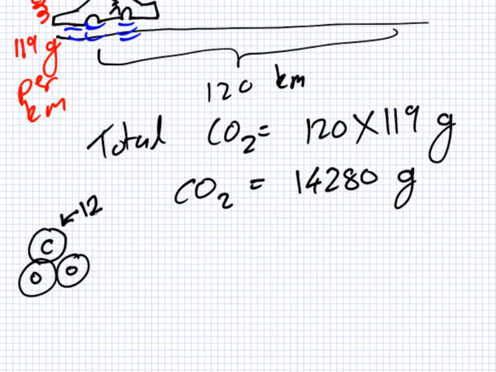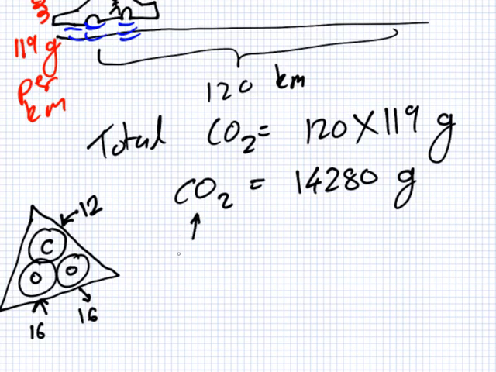And 16 for an oxygen and 16 for the other oxygen. So then, what's the molar mass for the 3 of these together? 44 grams per mole. That means a mole of CO2 will be 44 grams.